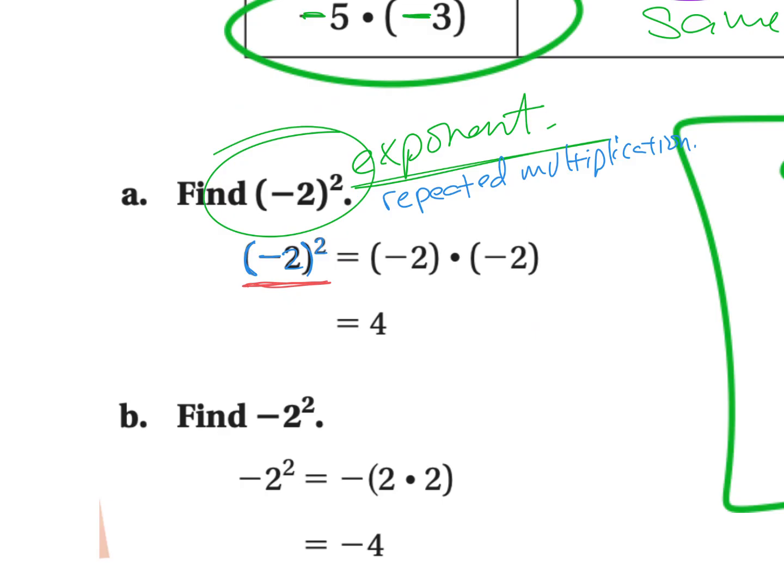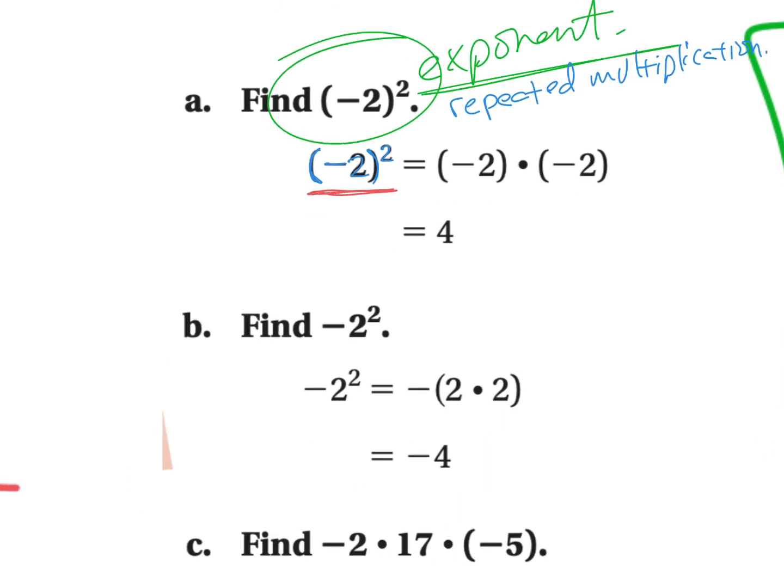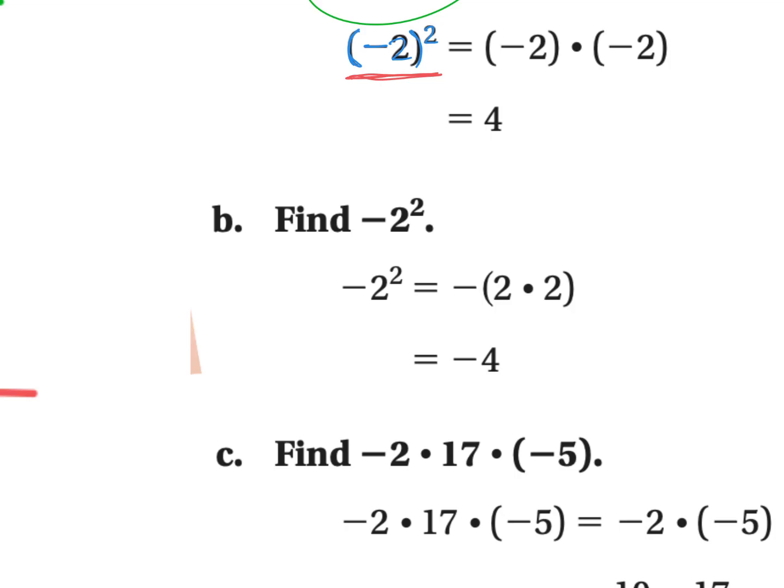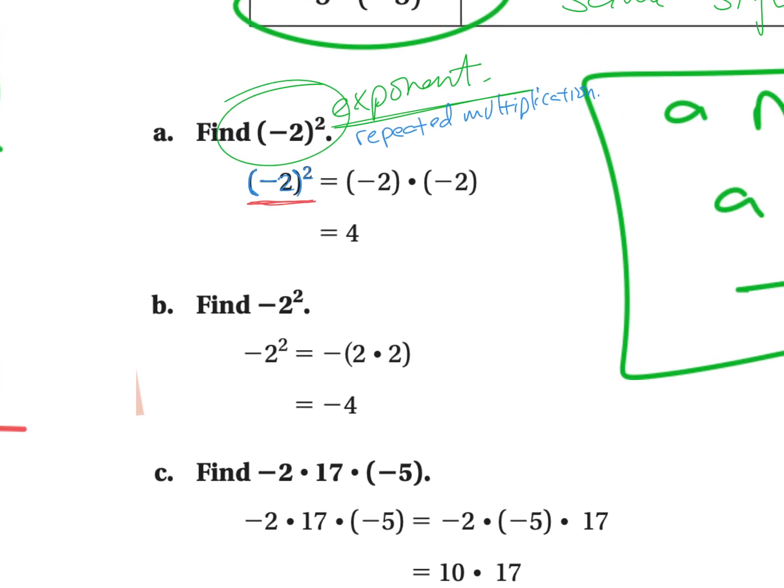So -2 times -2, same signs, a negative times a negative is positive. Now, how about this one? What's the difference between this one and this one? Well, a big difference, actually. That negative is not being raised to the second power, okay?